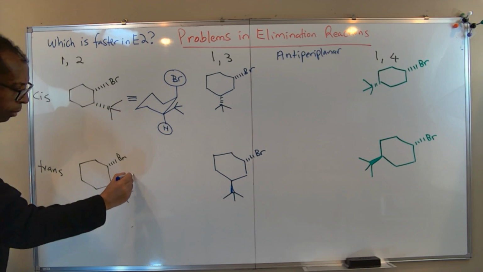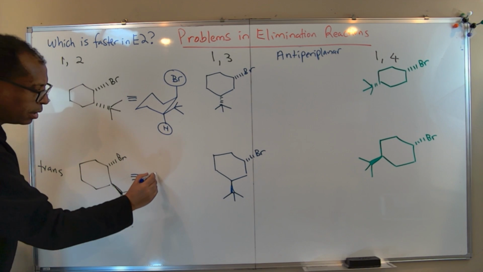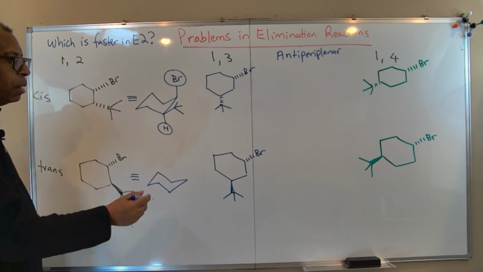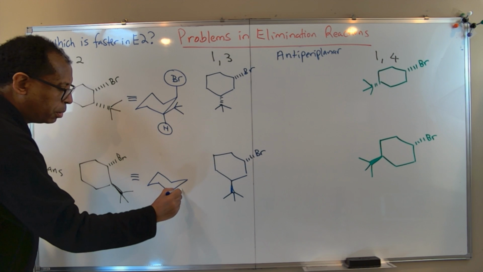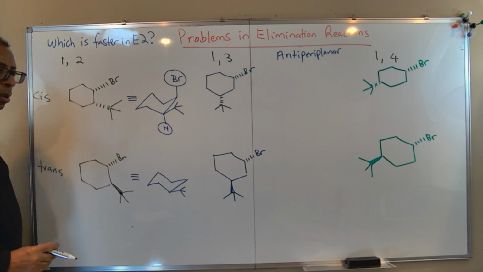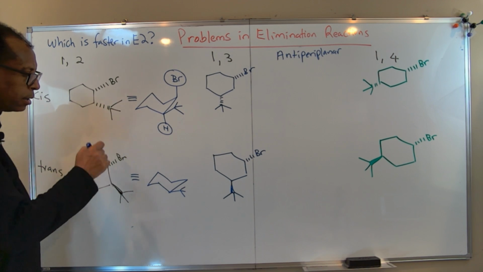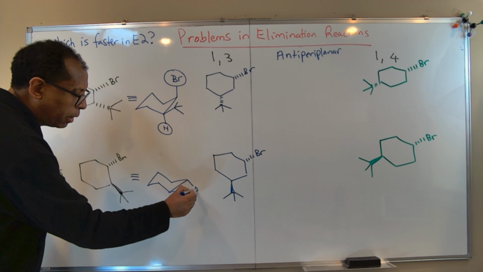Let me draw for this one, for the trans. For the trans, if I have an equatorial position T-butyl, because it's demanded that the T-butyl has to be equatorial, and the trans would demand the Br to be also equatorial Br, like this.